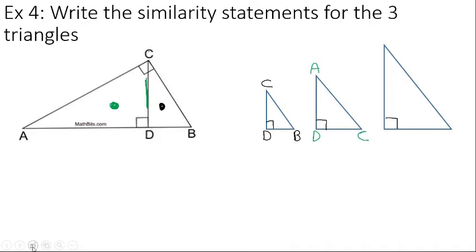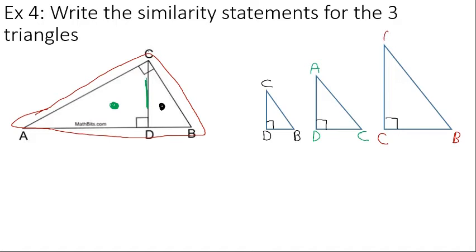Okay, and then my big triangle is, remember, the whole triangle here. So there's a 90 at C, B, and then A. Now my similar sides I want to write out. So I'm going to say CB is similar to AC, similar to AB. So that means these sides are all three similar to each other. Then also say next side.